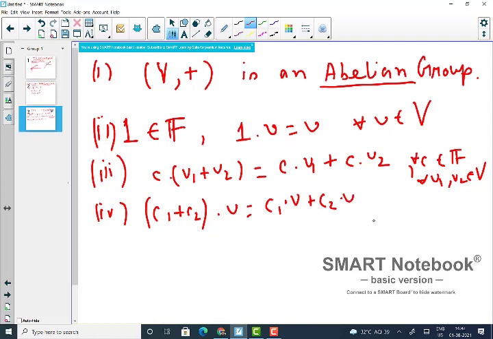Whatever I am writing is for all c1, c2 belonging to F, and for all v belonging to V.